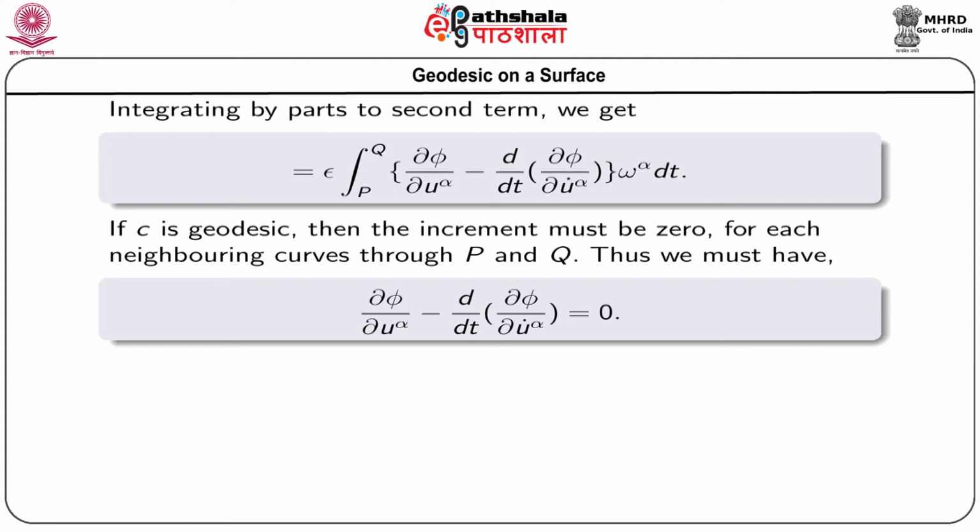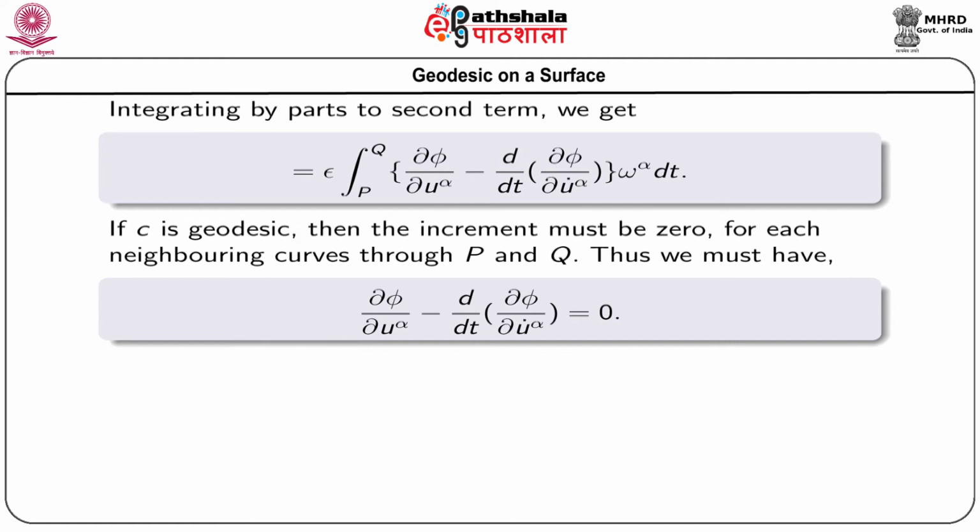Now, if C is a geodesic, then the increment must be 0, because it is the shortest one. So, for the shortest one the increment must be 0, and thus we get the integrand equal to 0, that is ∂φ/∂u^α − d/dt(∂φ/∂u̇^α) equals 0.